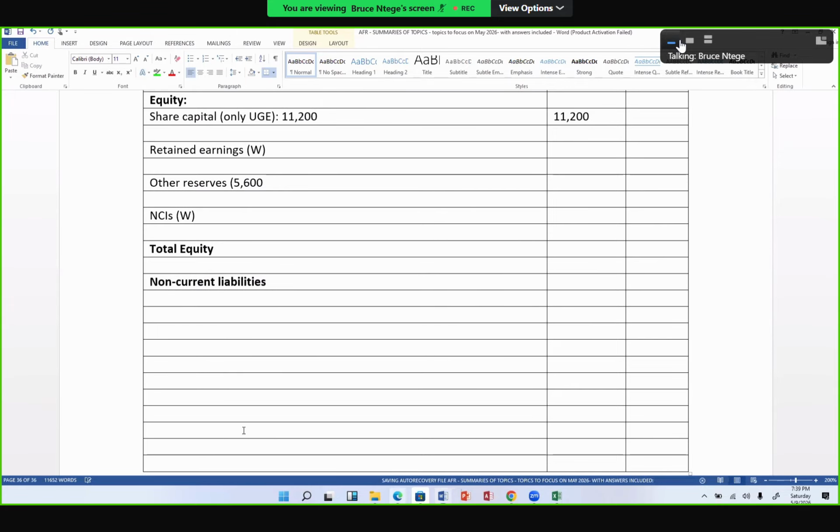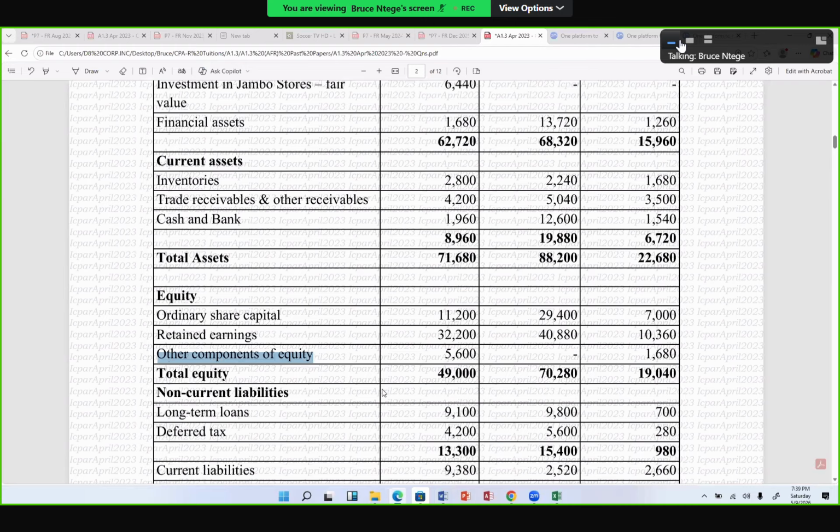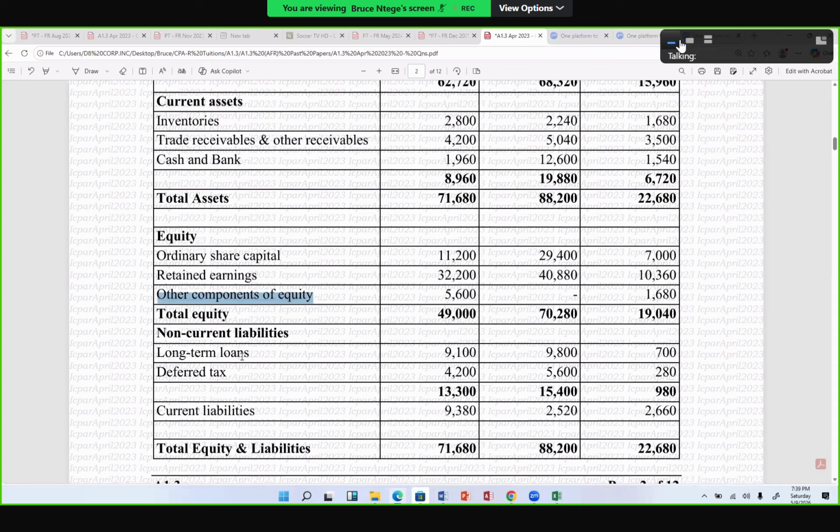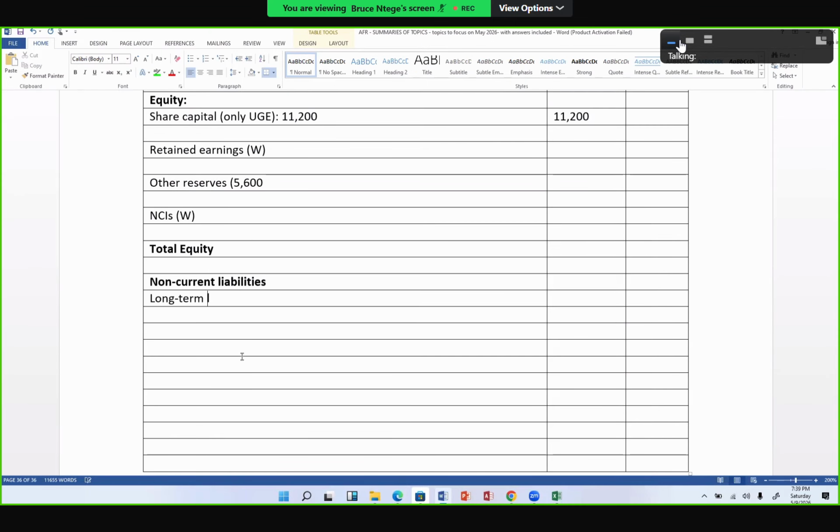We have a long-term loan. The parent figure is 9,100. We shall pick the figure that we have translated from Missouri's financial statements.